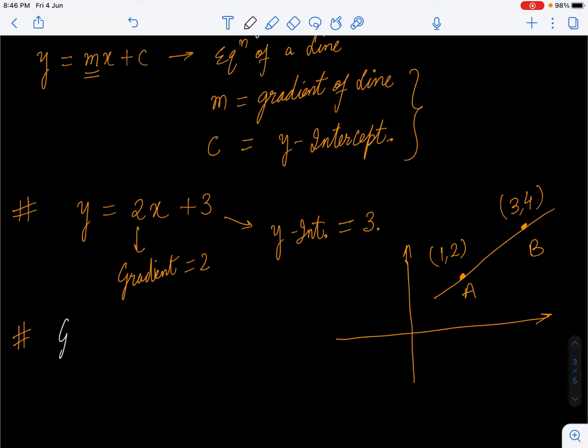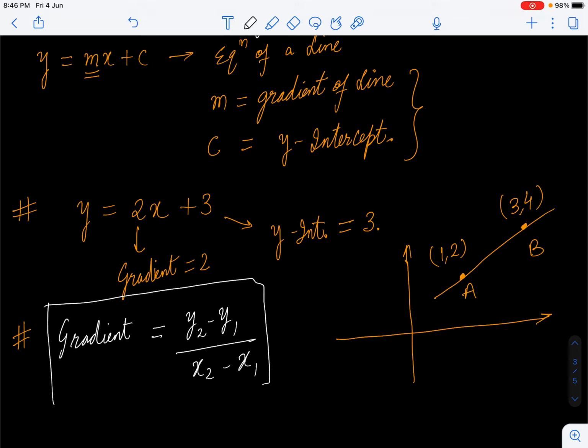So you have to remember this formula that you might have learnt in grade 10. The gradient of a line with 2 points is y2 minus y1 over x2 minus x1. This is very, very important. This is the gradient of this line.